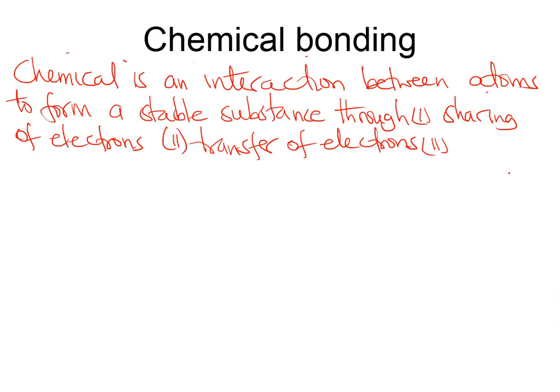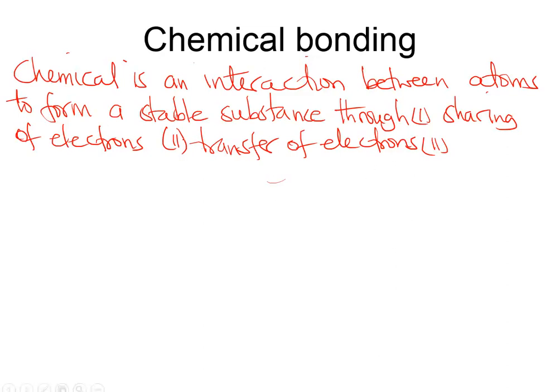So we said a chemical bond forms through sharing electrons, through transfer of electrons, and through interaction between a sea of electrons in a positive environment.